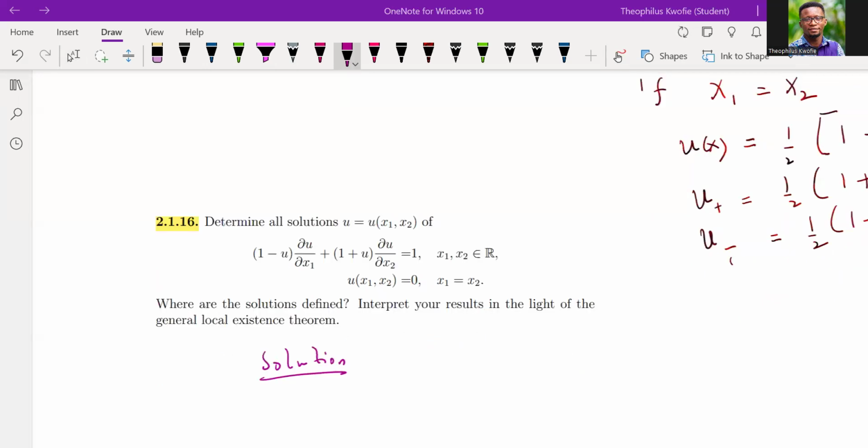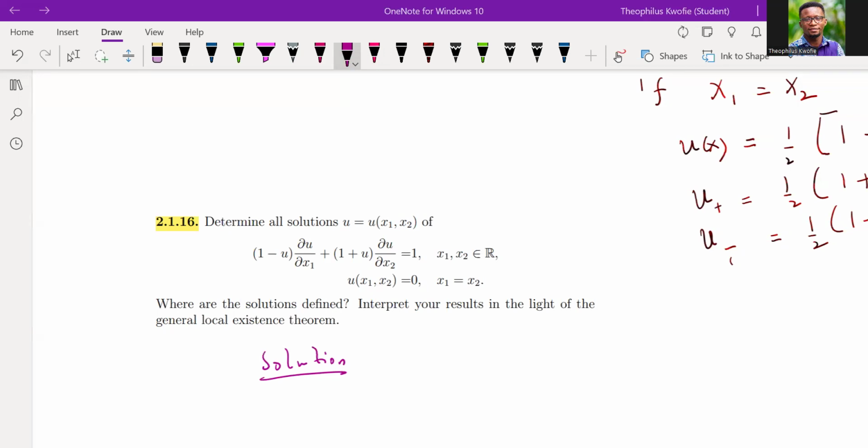All right. So how do we solve this particular PDE? You want to determine all solutions of this PDE with its associated initial conditions. So let's move on. Let's consider this way: we want to say that x is equal to (x1, x2).